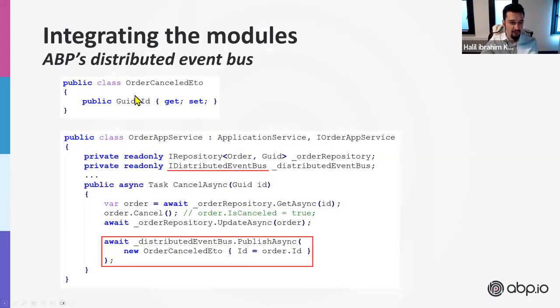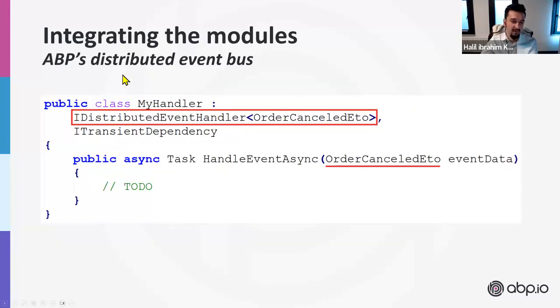Whenever we want to publish an event, we can just use the distributed event bus and use its publish method, just like here. It's very easy. When we want to subscribe to that event, we can just implement the distributed event handler interface with the given ETO class, then perform any operation in the handle method. It's also very easy. All the details will be handled by the ABP framework.